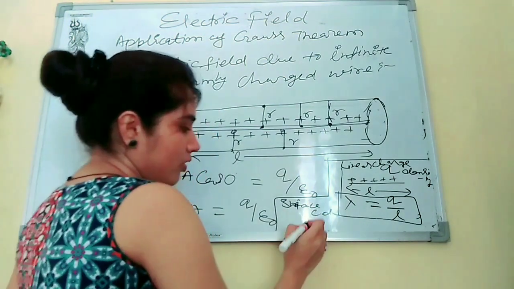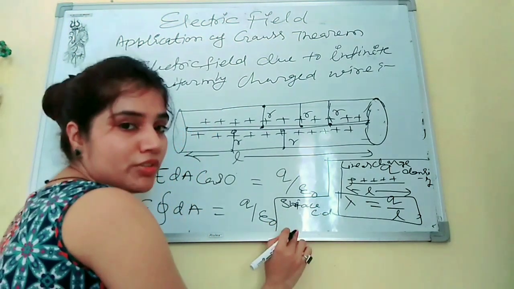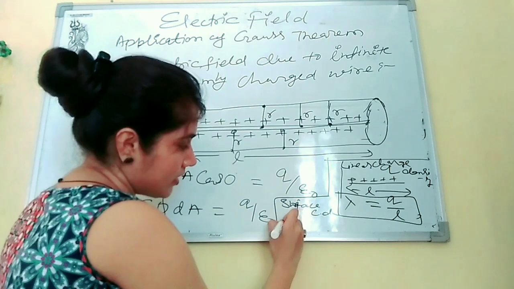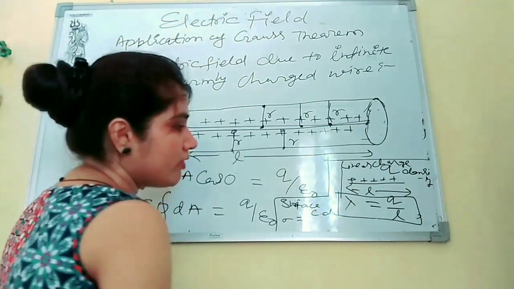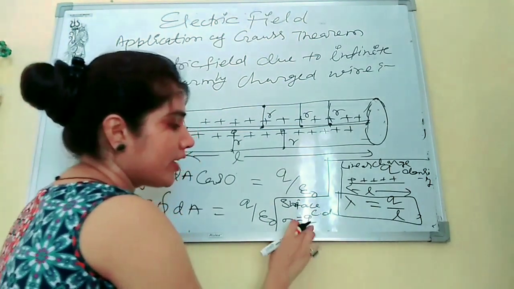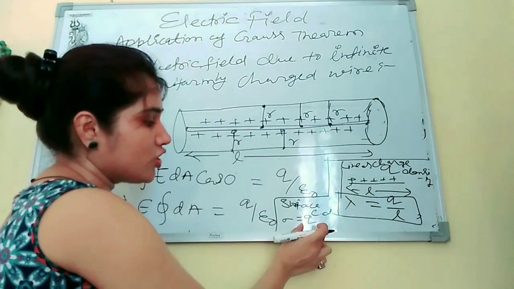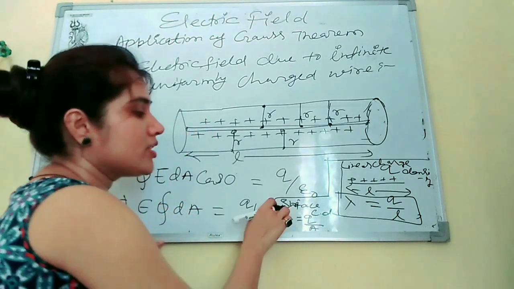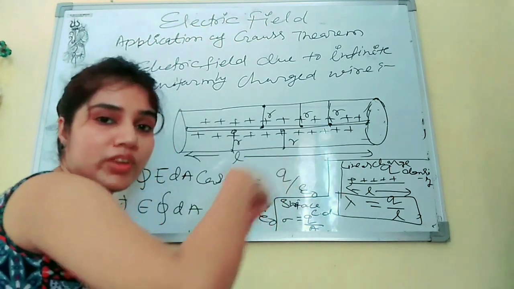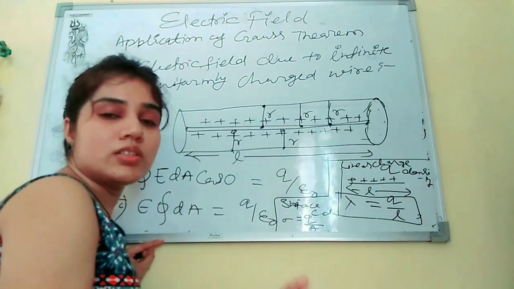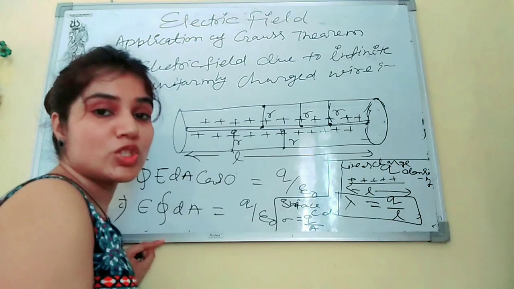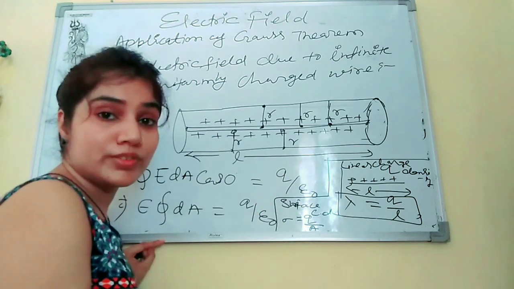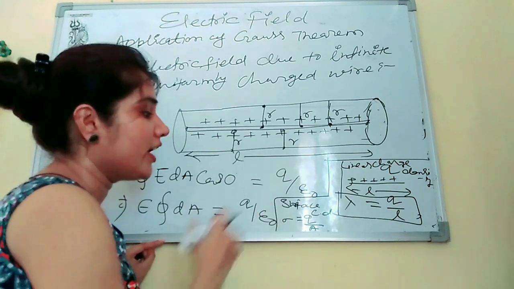We denote it by sigma, and that is always equal to Q, the distributed charge, upon area. If it is in terms of surface, it has some area, either a square, a rectangle, any kind of area.